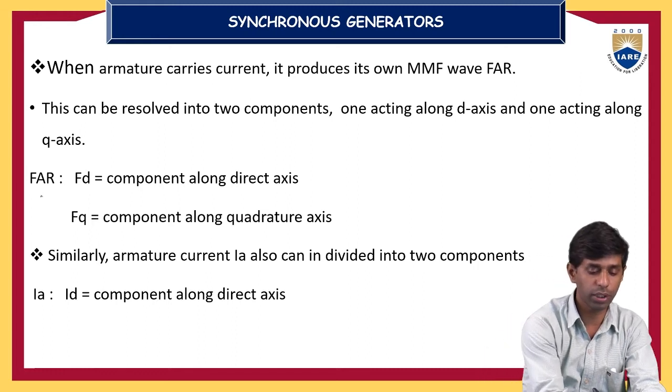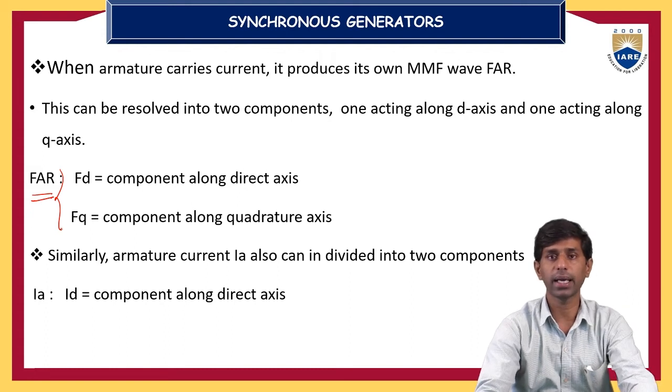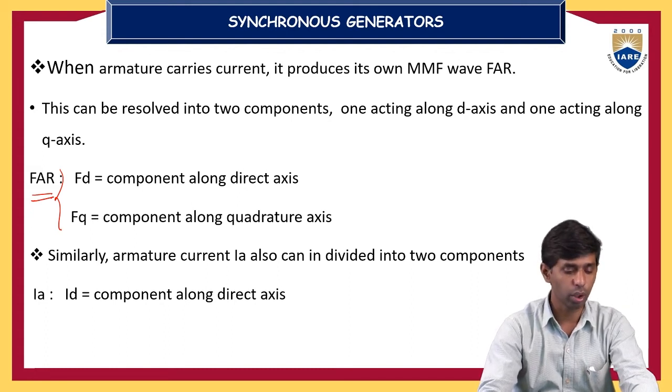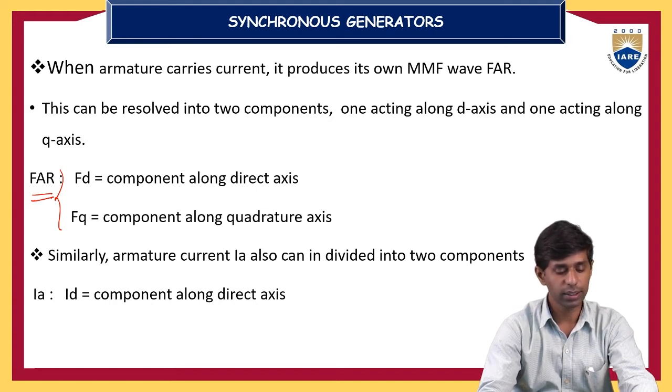So FAR is split into two axes, along the direct axis and the quadrature axis. I name these FD and FQ, the component along the direct axis and the component along the quadrature axis.